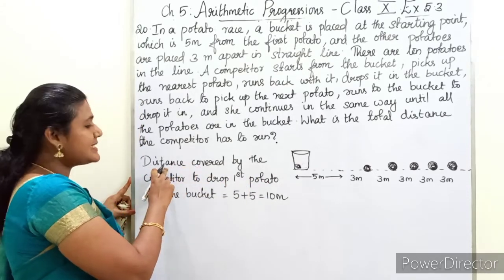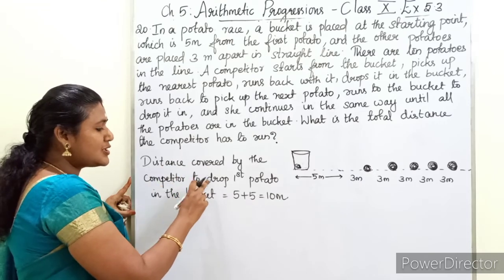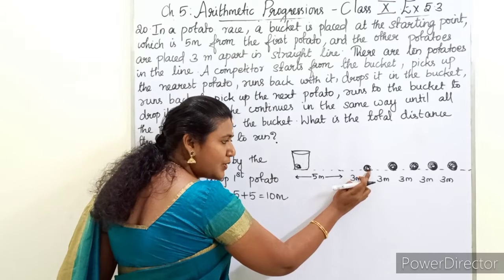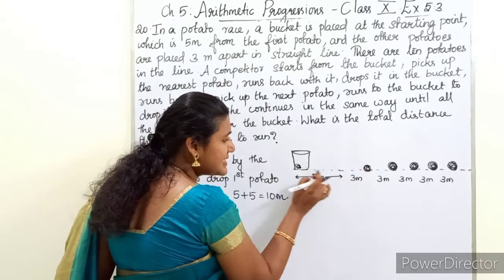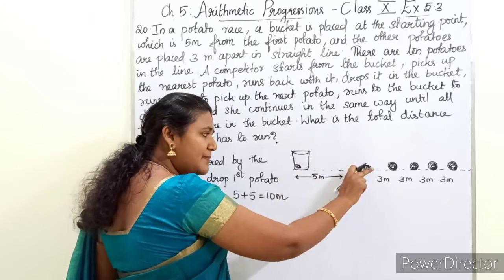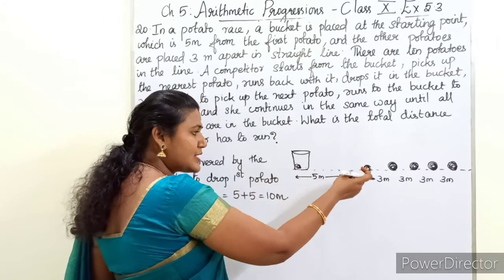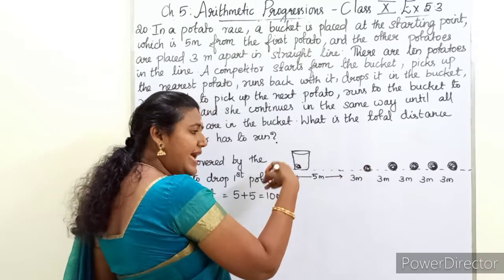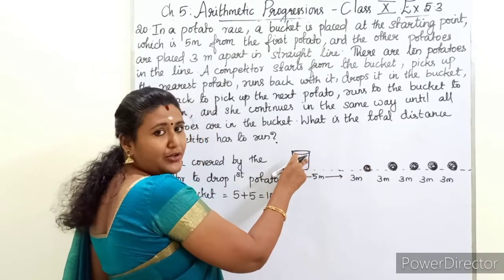Now we will see the distance covered by the competitor to drop the second potato. Here you see the second potato is 8 meters away from the bucket. So she has to cover 8 meters to and fro. She has to cover 8 meters to reach the potato and again 8 meters to drop the potato in the bucket.